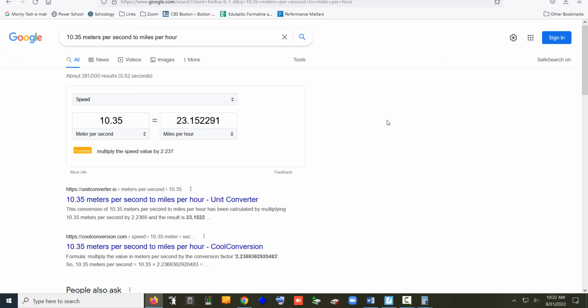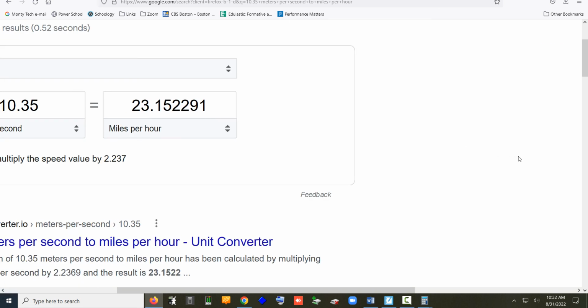People see how fast he was running on average? Over 23 miles an hour. You think you could run 23 miles an hour? And that's not even his fastest speed. That's his average. At his fastest, maybe he was going close to 30 miles an hour. That is pretty fast.